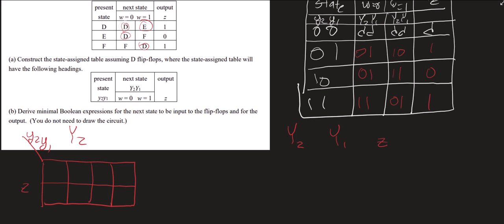And I'll do a Karnaugh map. It should be W. Yes, thank you. And I know that wherever y2, y1 is 0, 0, I have a don't care.